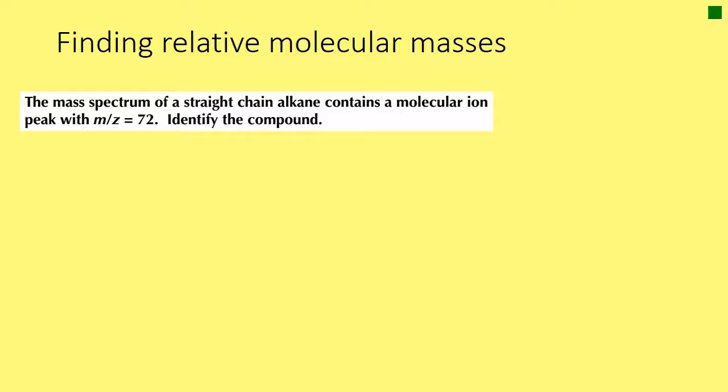And it's going to contain a molecular ion, because you'll remember that what happens is the sample gets bombarded by electrons to make a positive ion, or potential differences are used to make the molecular ion, and it's going to have a peak, and that peak in this case is 72, and from that peak of 72 that we get from the spectrum, we need to identify the compound.